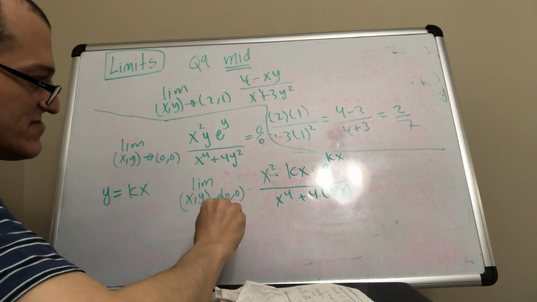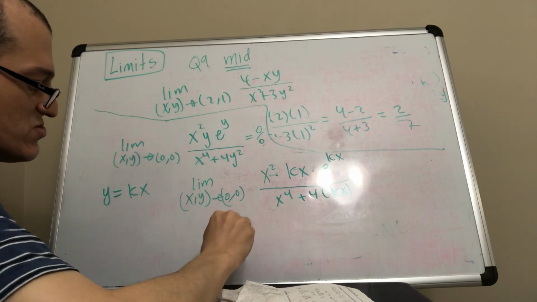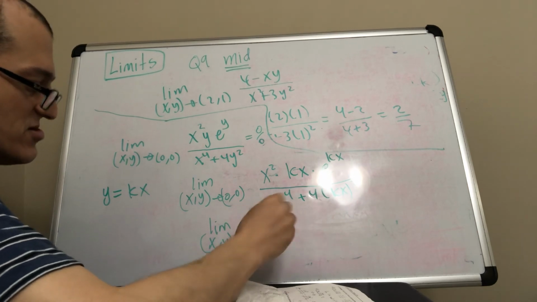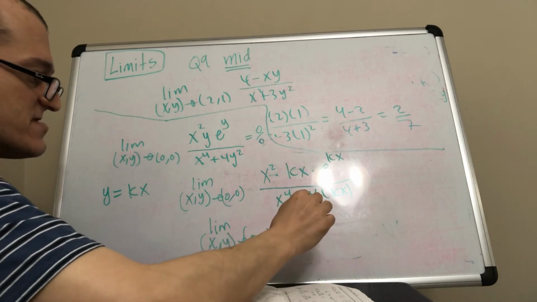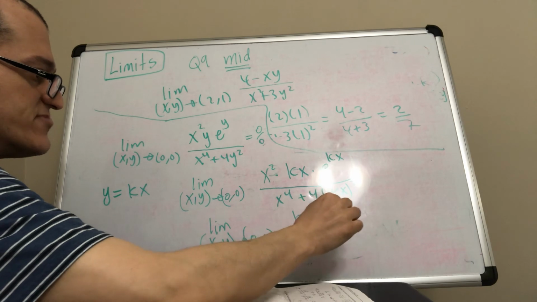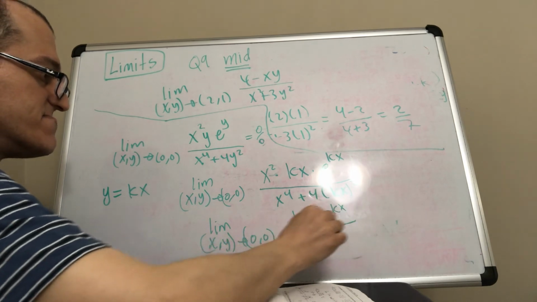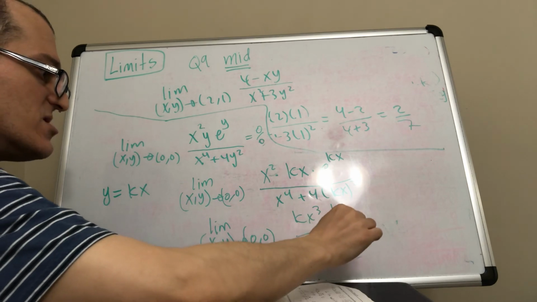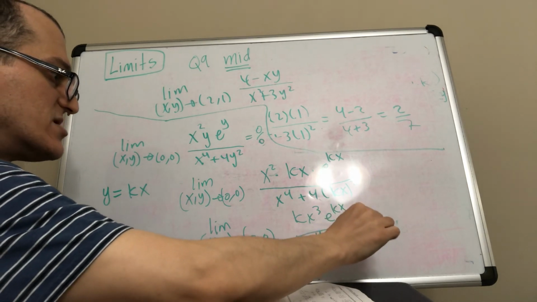So you have limit xy to 0, 0, or 0 in this case, kx cubed e to the kx, and here you have x to the 4 plus 4k squared x squared.